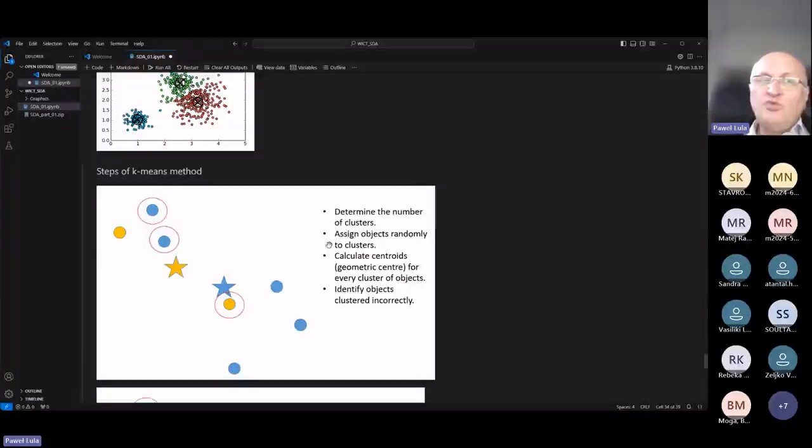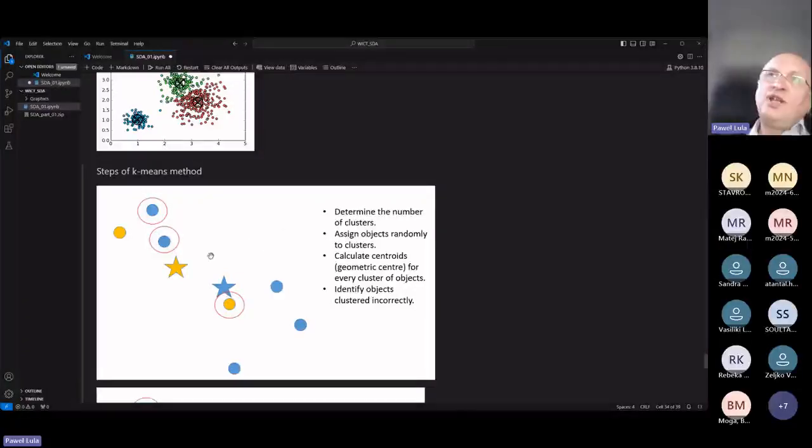How does this method work? The explanation is here. We have some objects, 7 objects in this example, these points which we have. And in this case, I'm going to divide them into 2 clusters. So at the beginning, I must define the number of clusters which I'm going to obtain, 2 clusters.